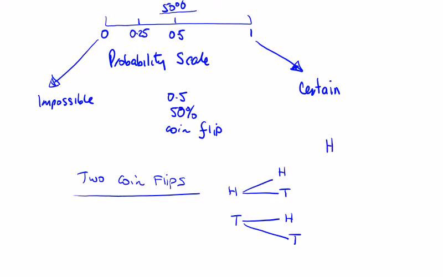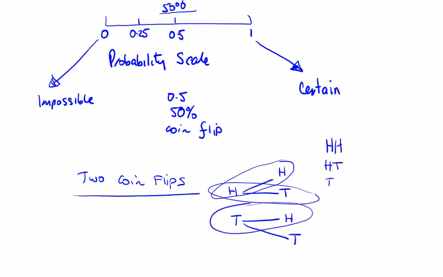My outcomes are head, head, which is this one here. I also have head, tail. I have tail, head. And I have tail, tail. So the probability of tail, tail is 1/4, which is 25%.